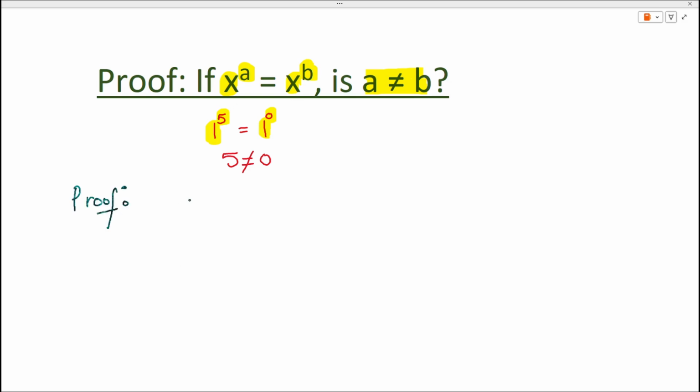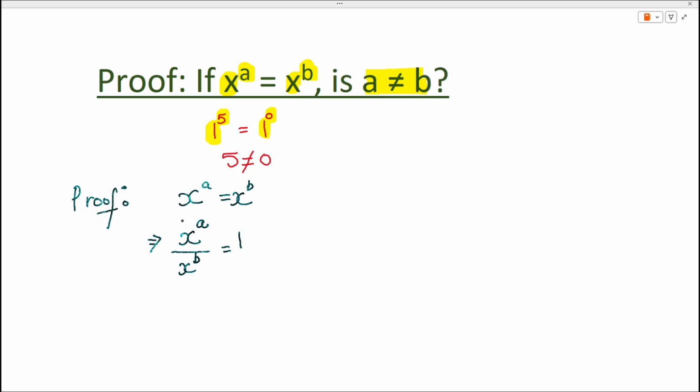To prove this, what we are first going to do is take what is given to us. So we have been given that x raised to the power a is equal to x to the exponent b. Now from here we can write it as x exponent a divided by x to the exponent b is equal to 1.